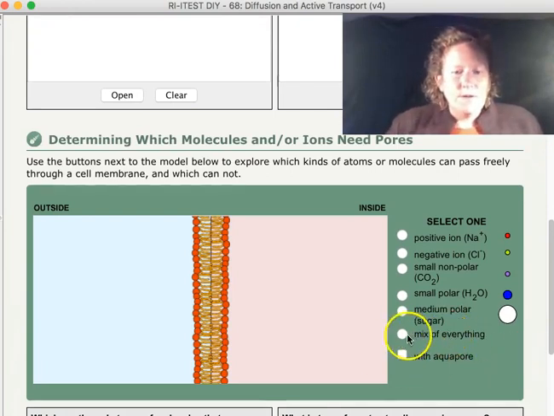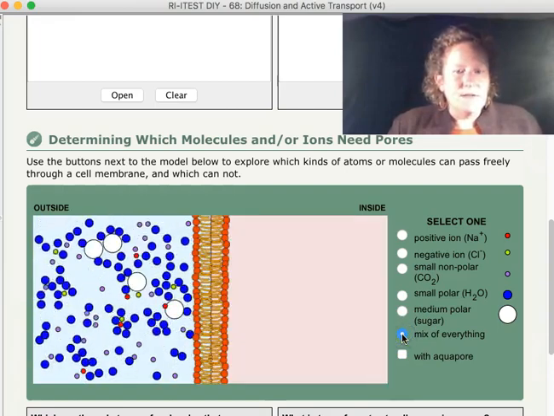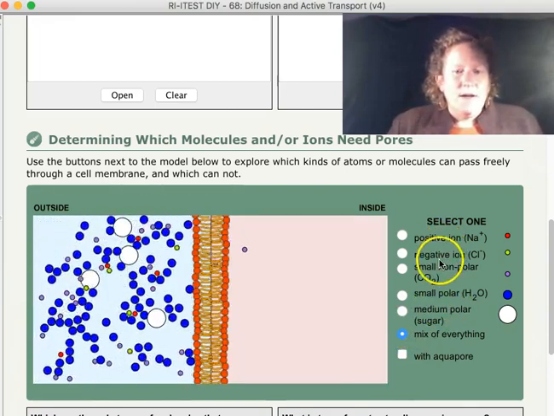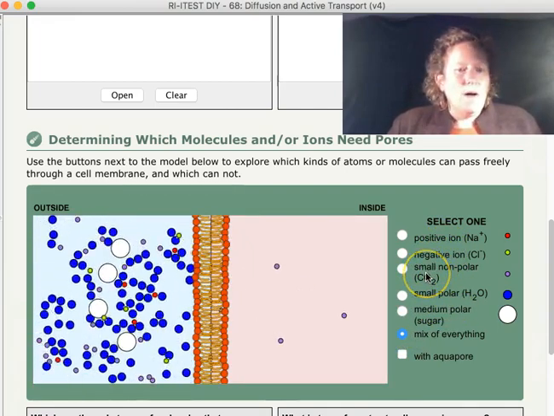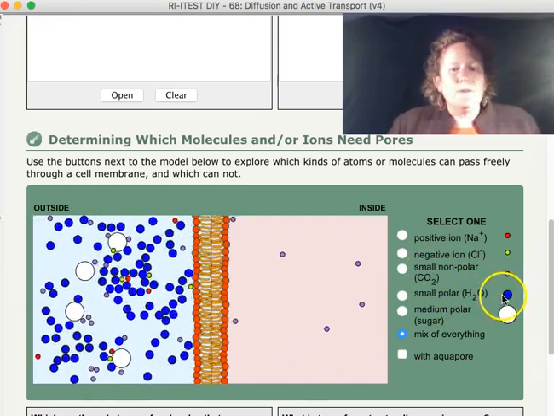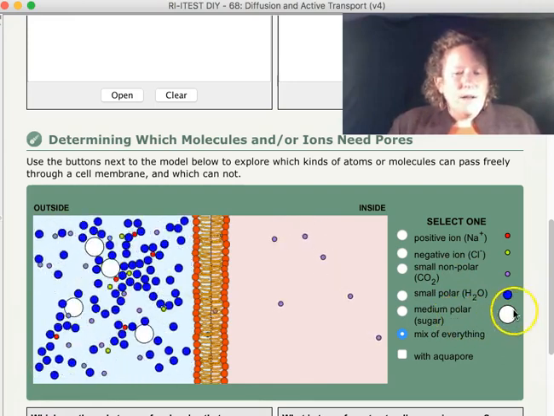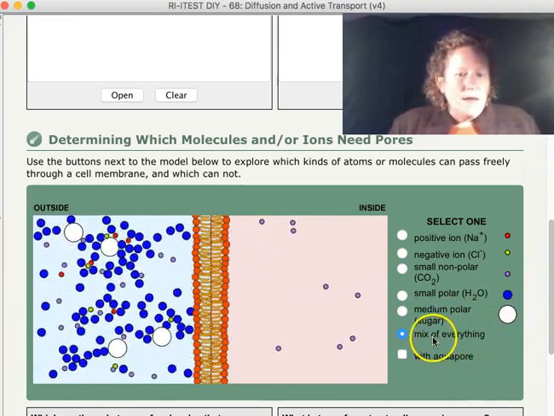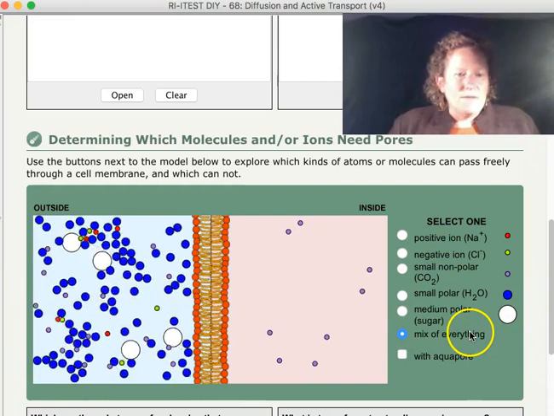First of all, let's put a mix of everything: different kinds of molecules, positive ions, negative ions, small nonpolars, that's the purple ones, small polar molecules, that would be water, and medium polar molecules, sugar. So we have all of those in a mix of everything.